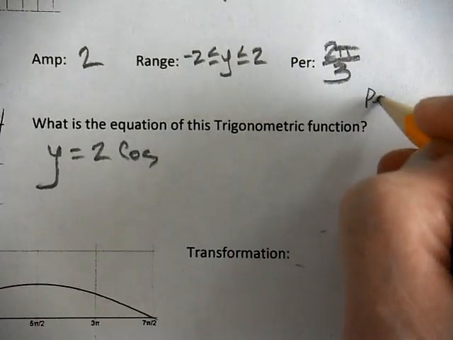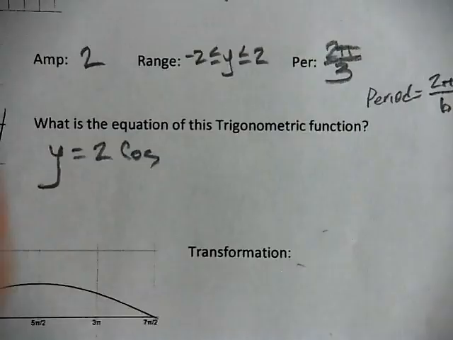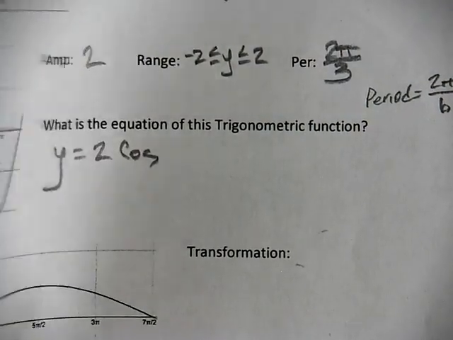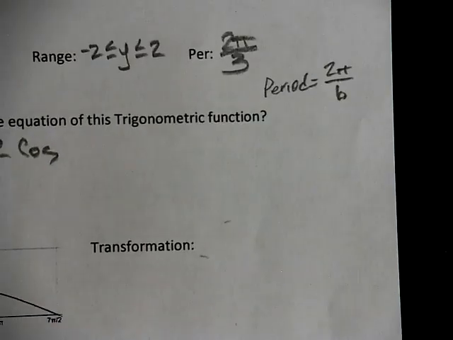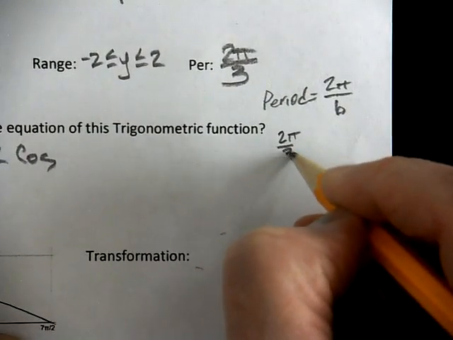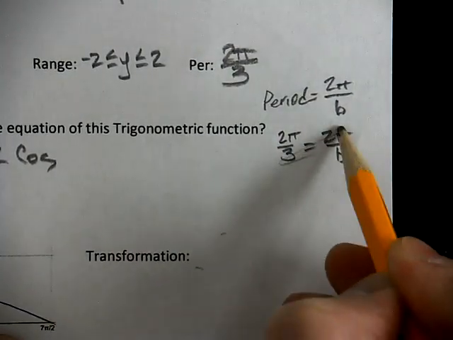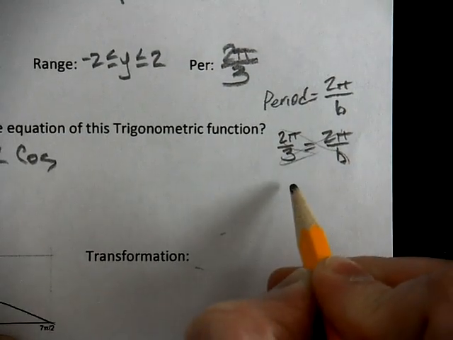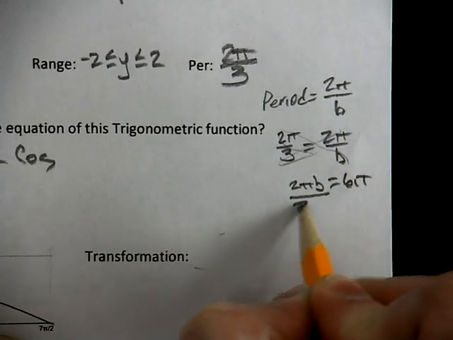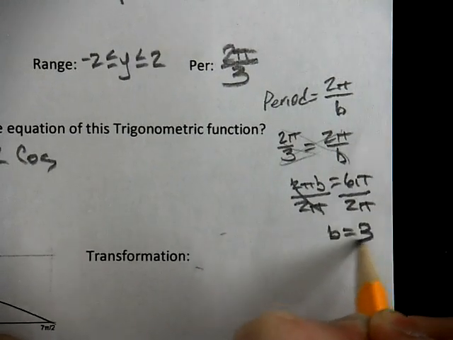Remember that period equals 2 pi divided by B. We know the period is 2 pi divided by 3. If I cross multiply, I get 2 pi b equals 6 pi, and dividing by the 2 pi, I get b equals 3.